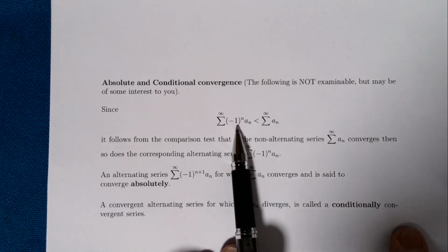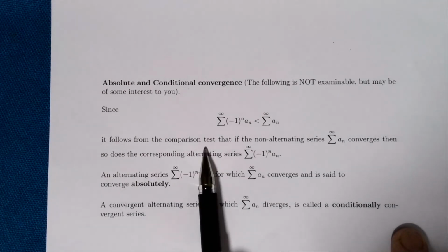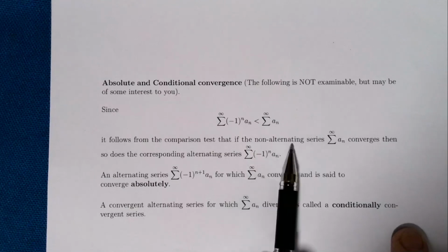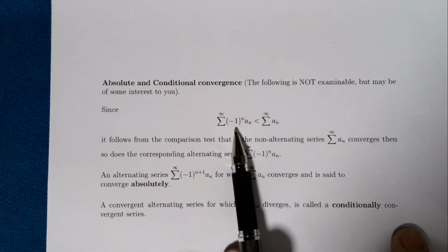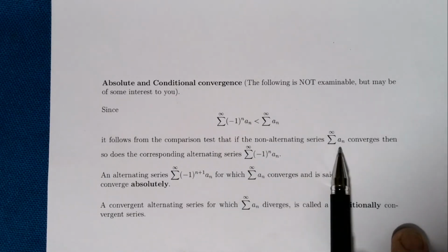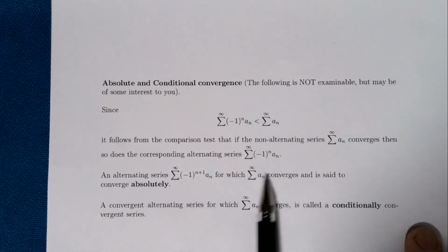Since the alternating series is less than the non-alternating series, it follows immediately from the comparison test that if this one here converges, then so does this one, because it's less than it. That is, if the non-alternating series sigma a_n converges, then so does the corresponding alternating series, sigma minus 1 to the n a sub n.